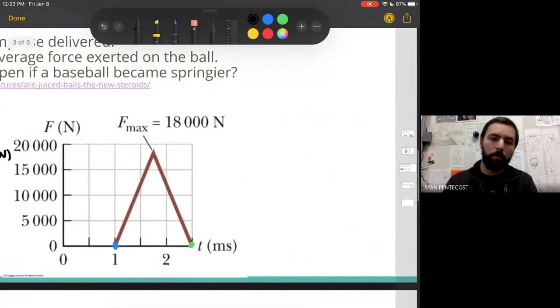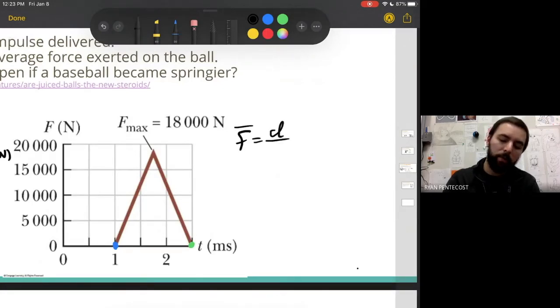Now, what if we want the average force? Well, if we want the average force, I'm sorry, that's the wrong symbol. Time average force, you want to take the impulse divided by the change in time while that force was being applied. So this average force would be 13.5 Newton seconds divided by 0.0015 seconds. You can see those seconds will cancel to give us newtons.